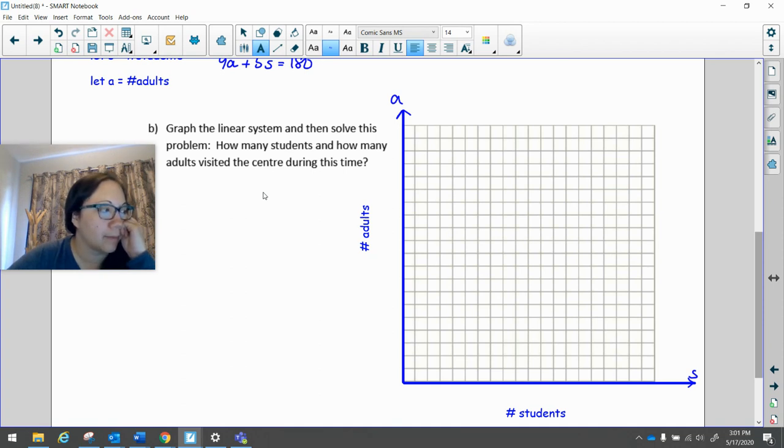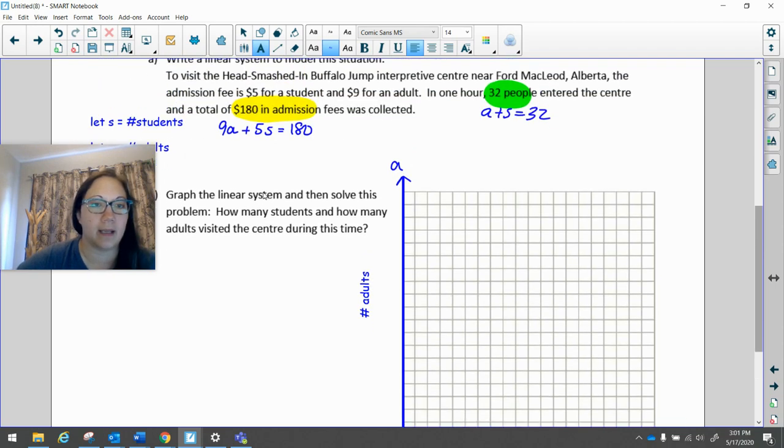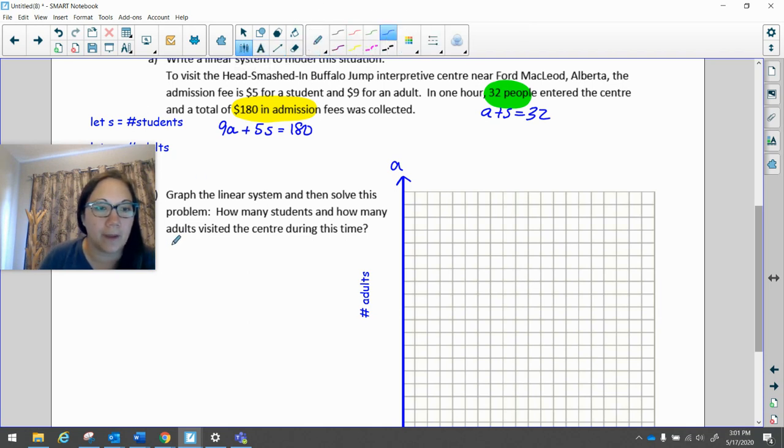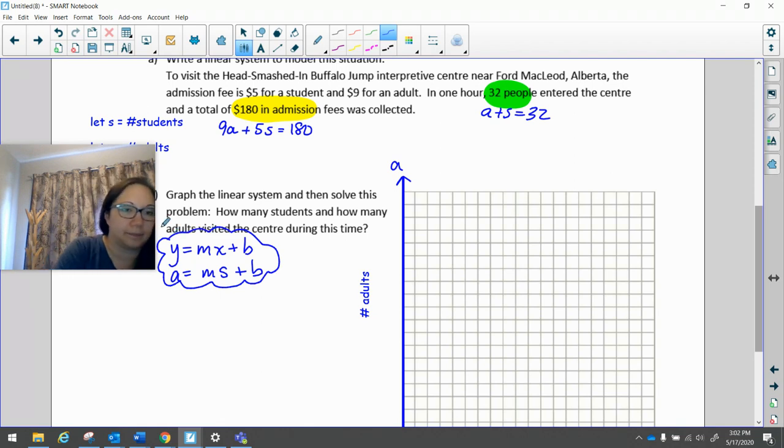Okay, so I'm going to rewrite my equations into y = mx + b form, or actually, because I'm using A's and S's this time, normally we're thinking y = mx + b, but this time we're going to be thinking A = mS + b for this system.